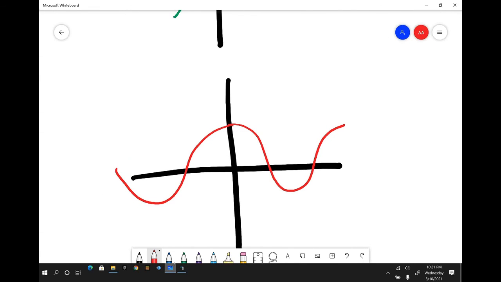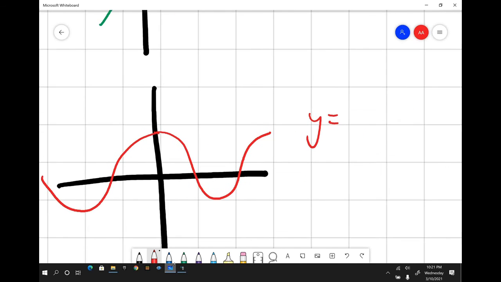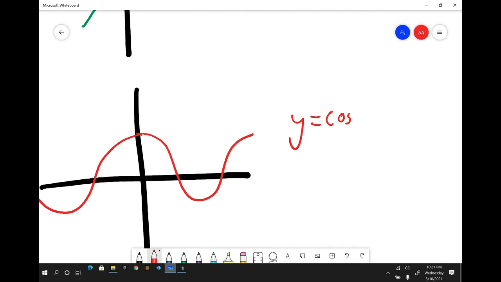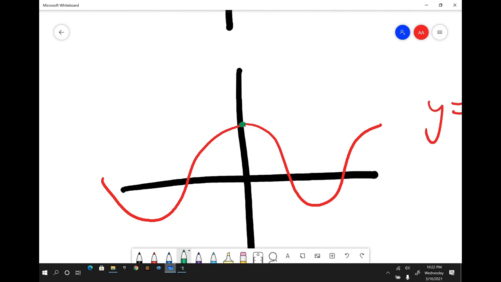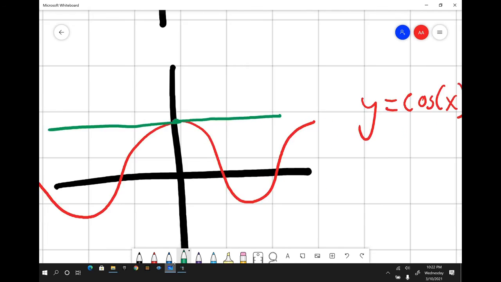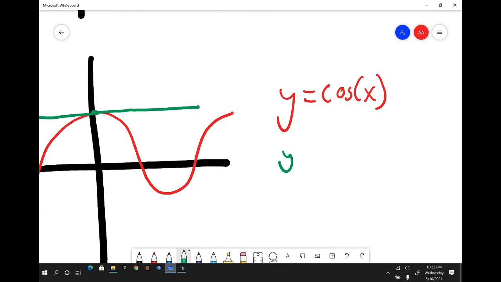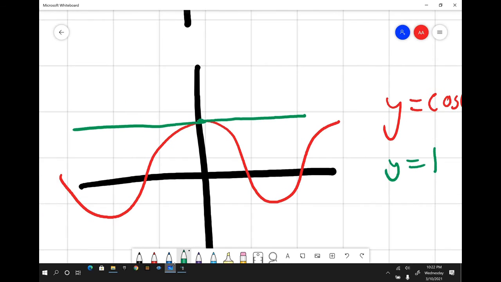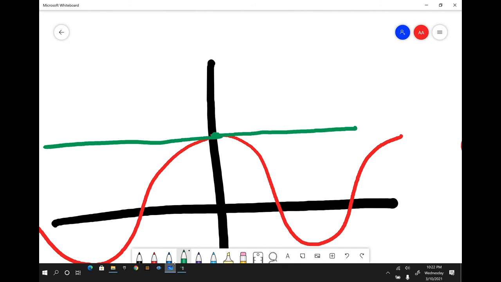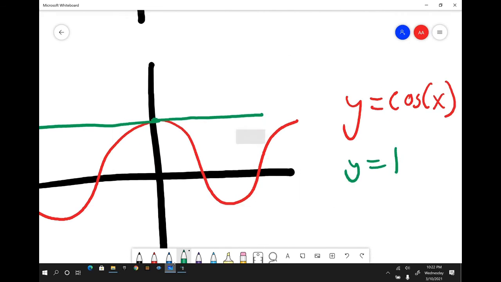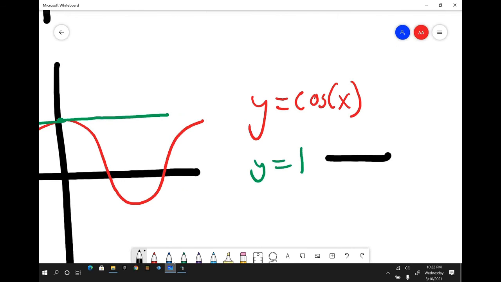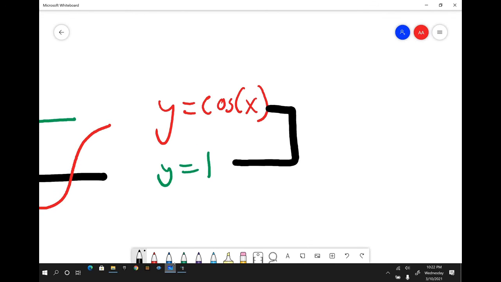So we'll have y is equal to the cosine of x, and drawing a y equals 1 equation, which is just the horizontal line, y equals 1, we can see that for very small inputs of x, these two functions are also nearly identical.